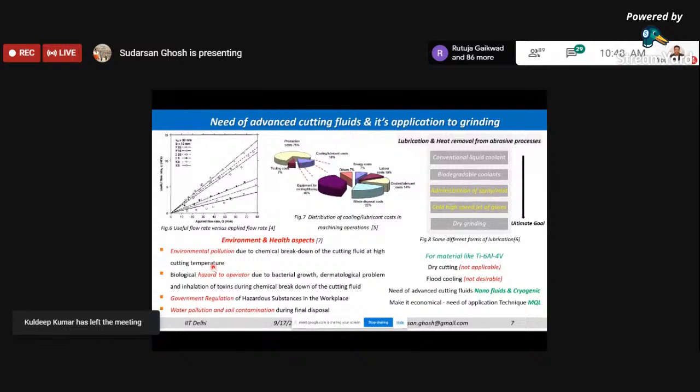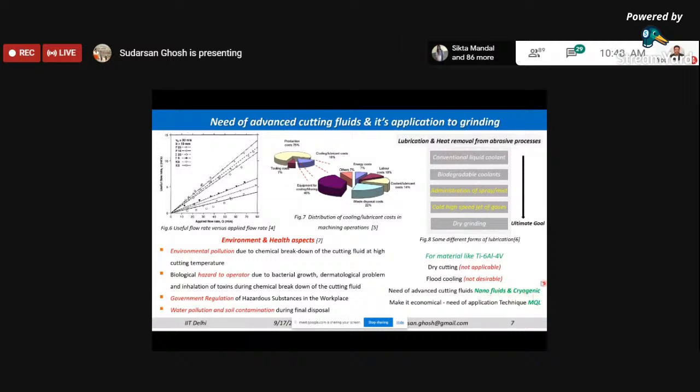So in modern times, we have come up with some novel cutting fluids which we are calling the nanofluids, and also the cryogen, like liquid nitrogen. Liquid nitrogen is a cryogenic fluid that is also being used by researchers. Of course, in today's discussion, I will concentrate majorly on these nanofluids, but we have also done some work on the cryogenic fluids.